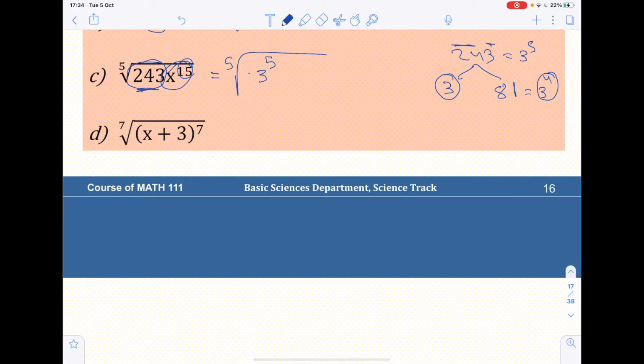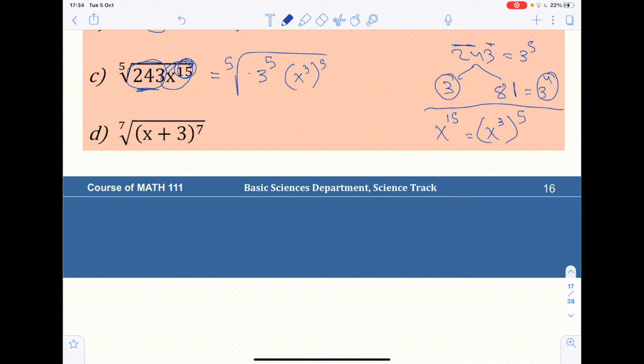I don't need 15, I want 5. And you know that x to the power 15 equals x to the power 3, all to the power 5. I can write it like this, because power to the power, we just multiply the powers. 3 times 5 equals 15. So I would write this as x to the power 3 all to the power 5.